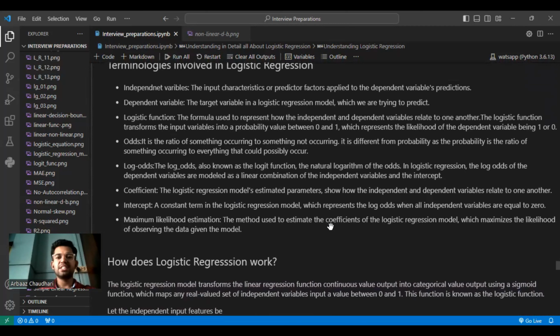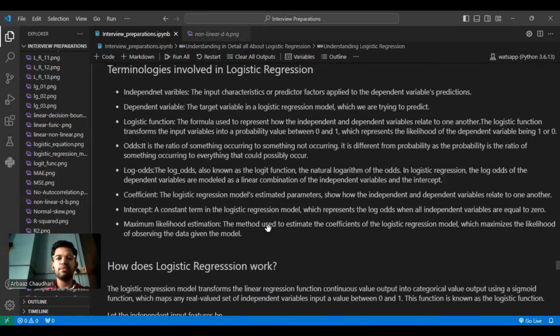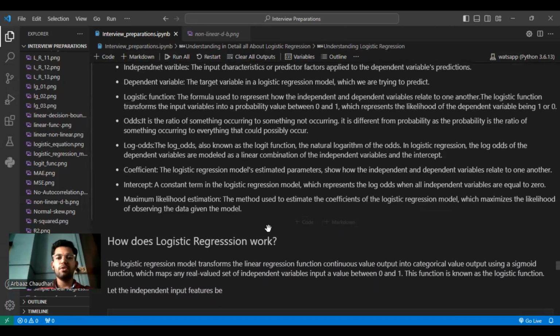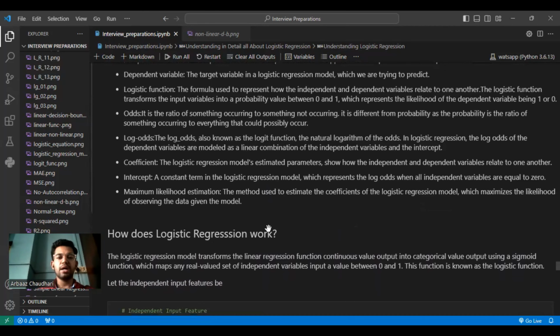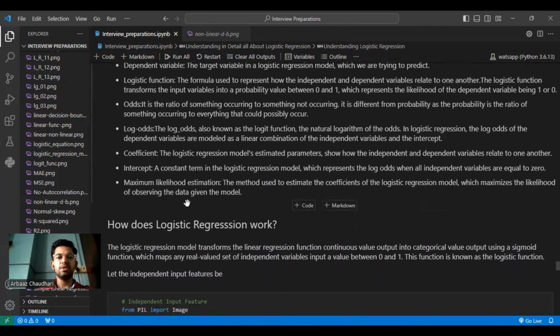It is the method used to estimate the coefficients of the logistic regression model, to find the weights which maximize the likelihood of observing the data given the model. It tries to find out which class the data points are more likely to be in. That is maximum likelihood estimation, and it estimates the coefficient weights.